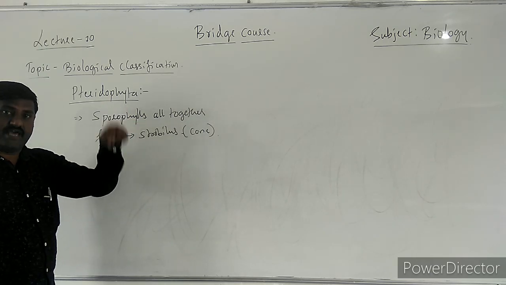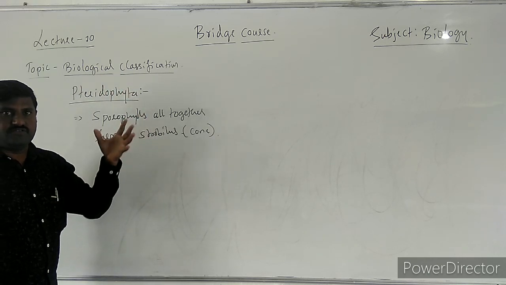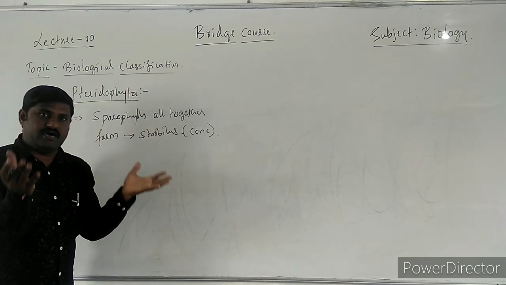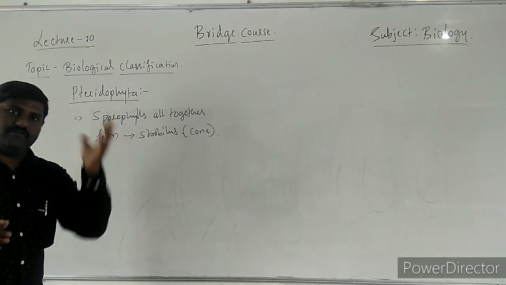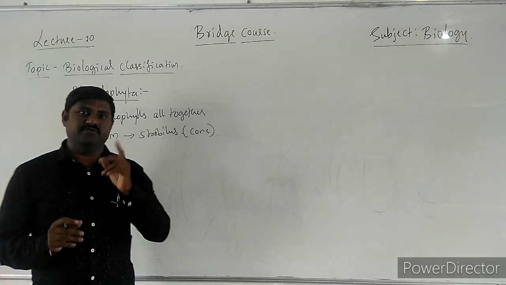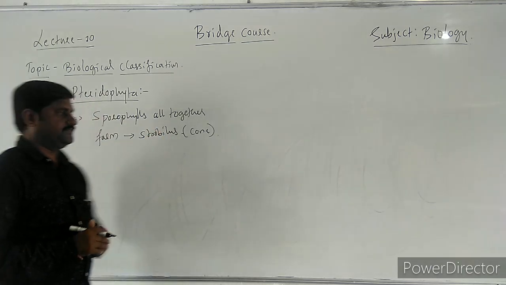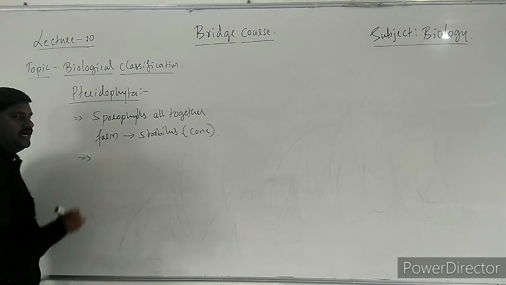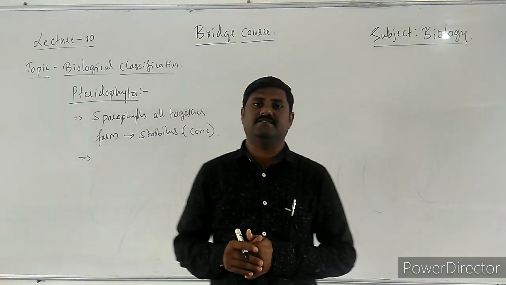Sporophylls contain sporangium. Sporangium contains spores, and when those spores come out of the sporangium, they grow into a new individual, and that new individual will always be a gametophytic plant, right? According to alternation of generation, as we discussed in the last class.